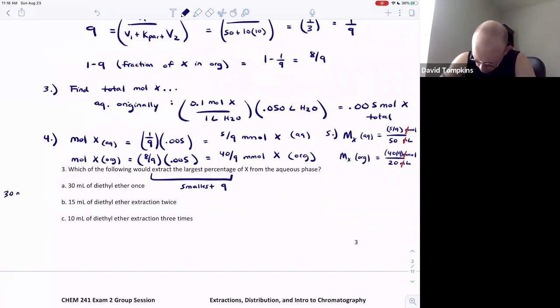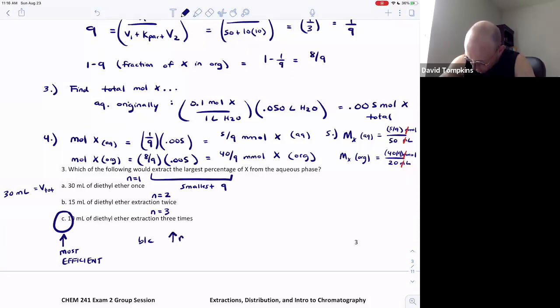You could use 30 milliliters of diethyl ether all at once, meaning n equals 1, or you could use diethyl ether twice in 15 mL fractions, or you could use it 3 times in 10 mL fractions. And the amount that is always most efficient is using the smallest volumes the largest number of times.